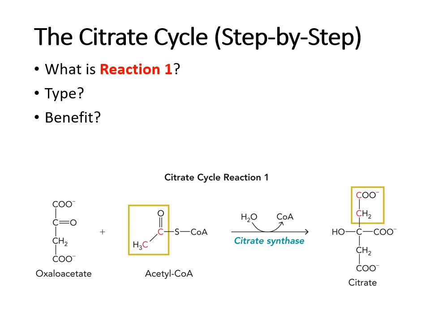Now, the type of reaction that is occurring here is a highly favorable condensation reaction. And when we say highly favorable, it's because the delta G in this process would be negative 31.4 kilojoules per mole. And so the negative delta G is a great benefit when you have a highly favorable reaction because it encourages that reaction to occur.